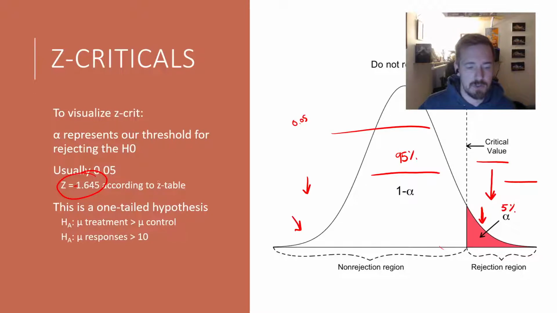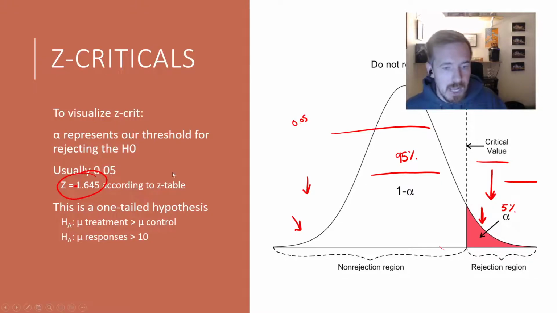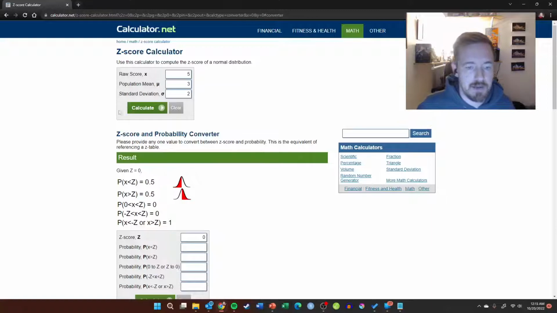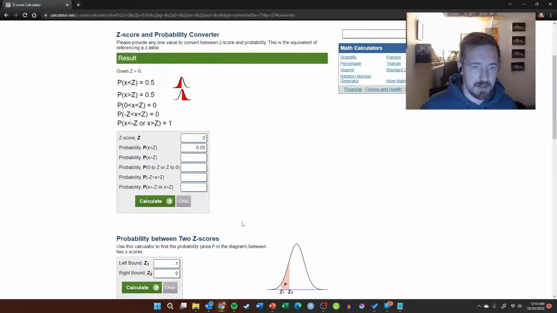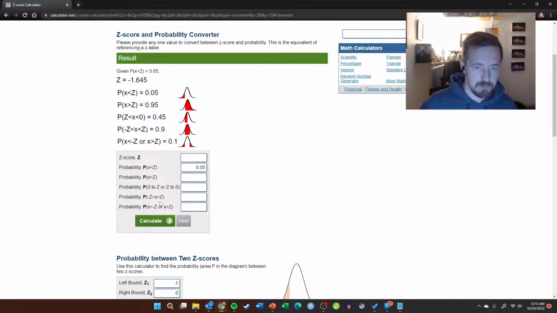And it's totally fine. So I'm going to flip over to my Z-score calculator here. If I come in here and I'm looking at our probability, I can try 0.05, and I calculate that. Whenever I put in 0.05, I'm just trying to find what part resides in just one tail, 5%.